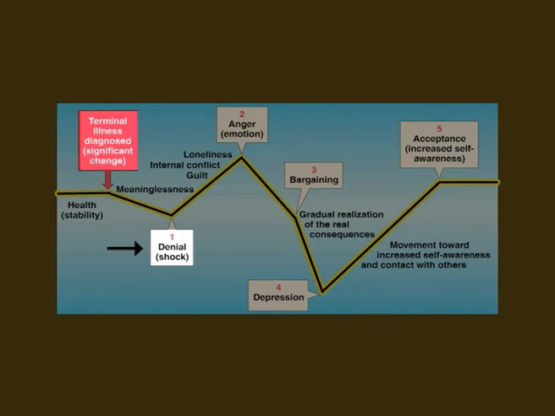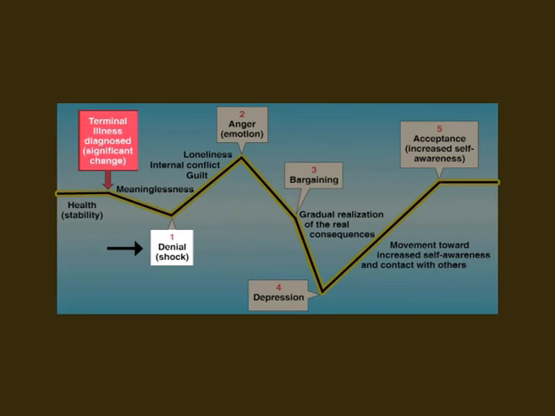In the stage of denial, these patients usually feel that whatever test results have come are wrong, and they think this cannot be happening to me. They also don't like to talk with others about their condition.